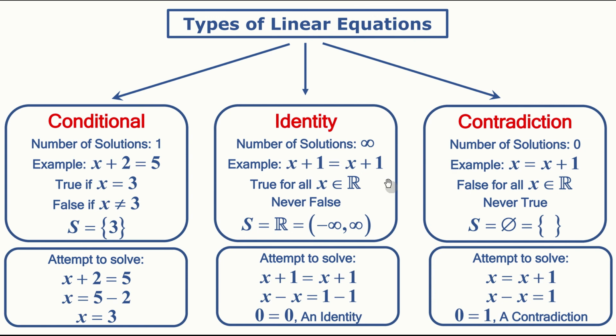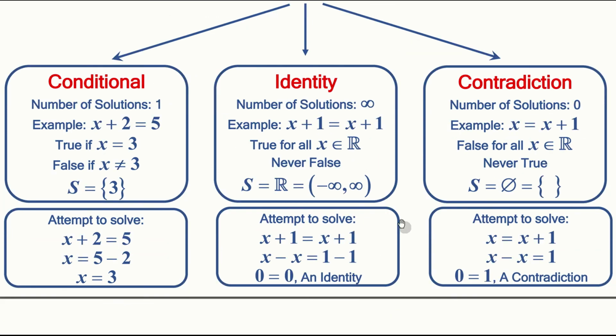So it's true for all real numbers and it's never false. So that's exactly what we mean by an identity, an equation that's always true. So the solution set is basically all of R, which in interval notation becomes -infinity to infinity. I'm going to go over this notation in more detail later.